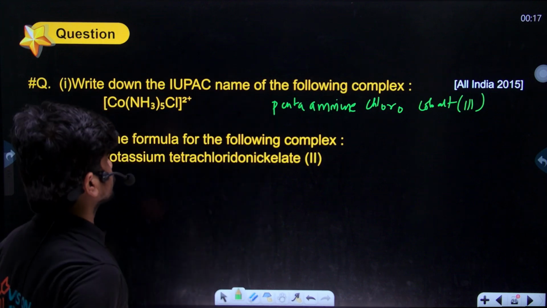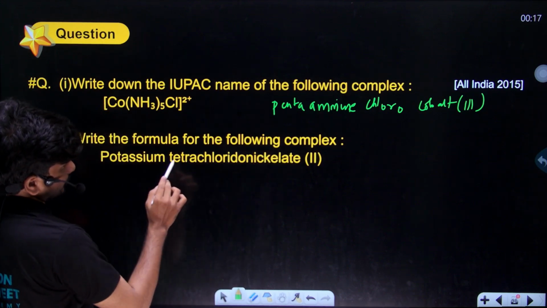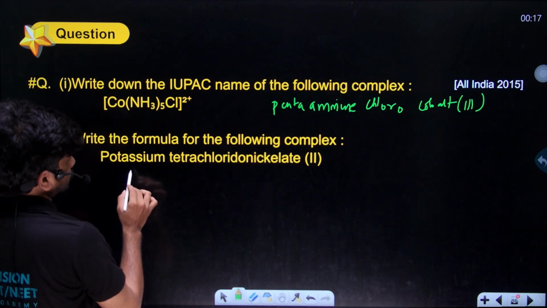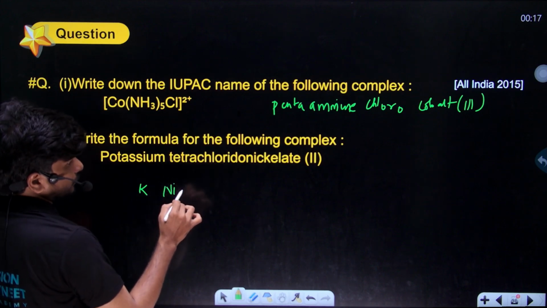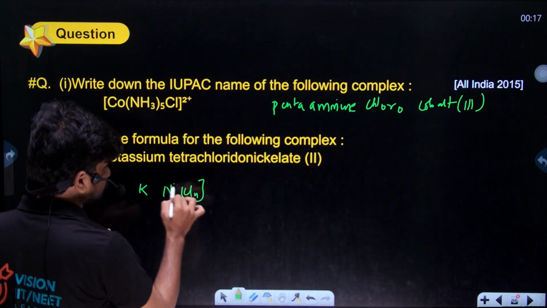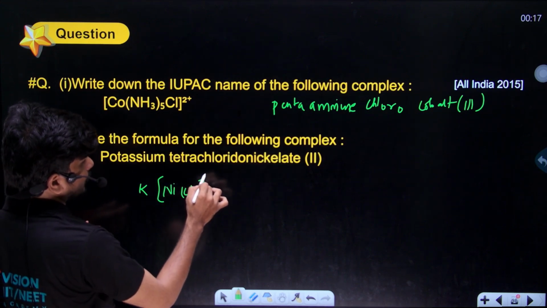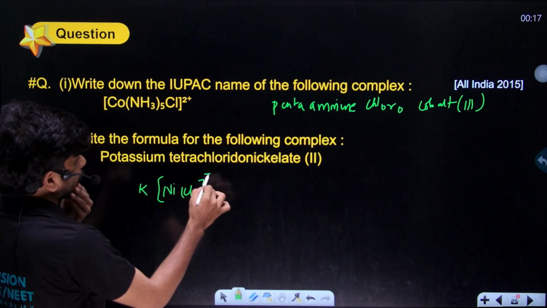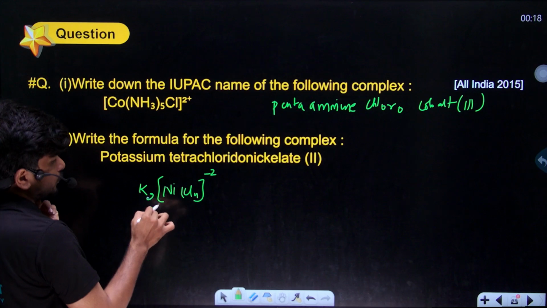This is your structure. Next, write down the formula for the following complex: potassium tetrachloridonickelate. Potassium is there outside. Tetrachlorido nickel, you have Cl4. Generally nickel is in the +2 oxidation state, so overall you will have a -2 here, so you need 2 potassiums.